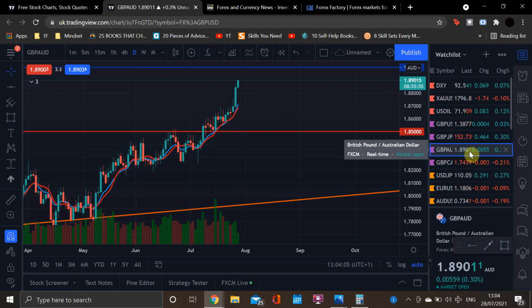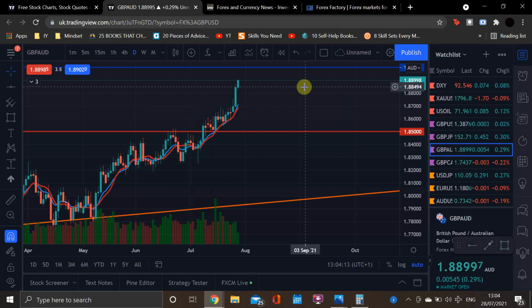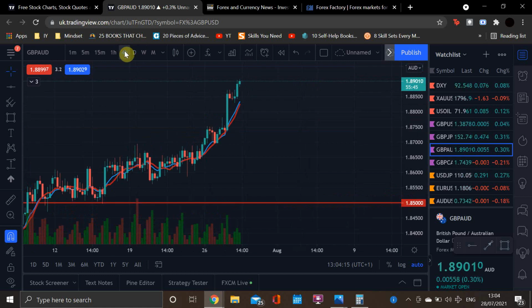And I think it's beneficial, living in the UK, you understand the news a lot more in the country. So yeah, 4-hour chart, some selling pressure from AUD.